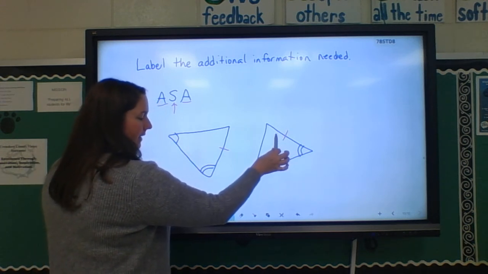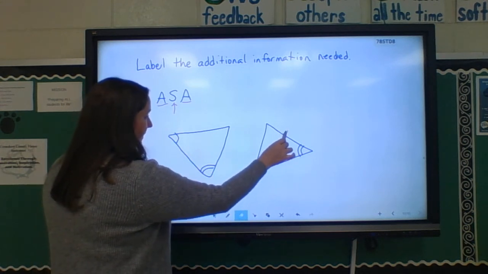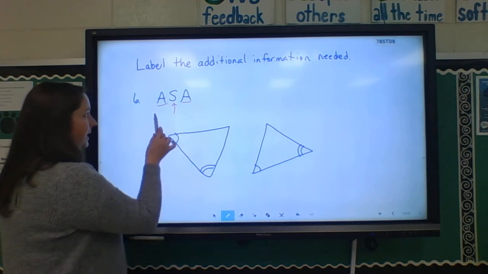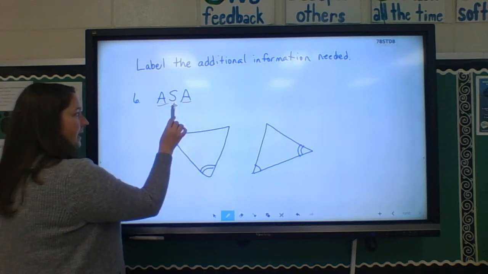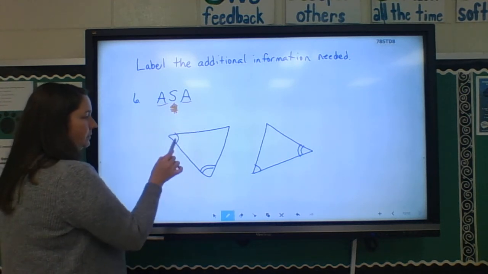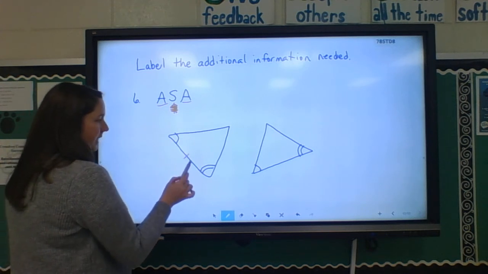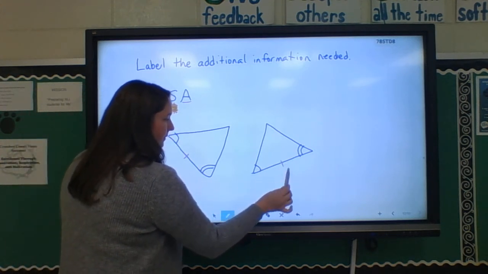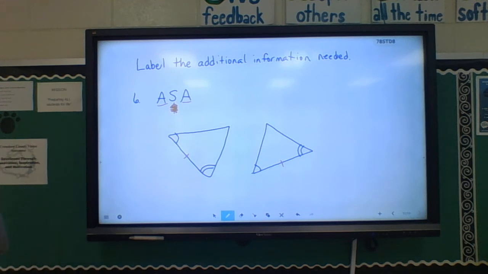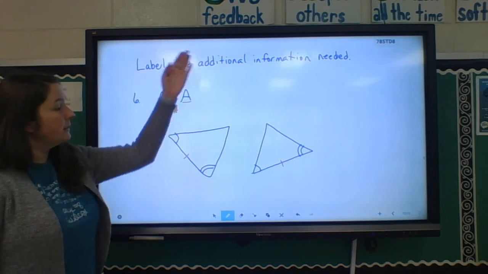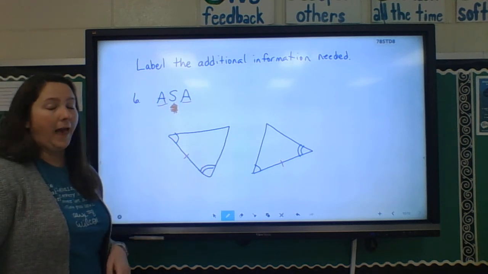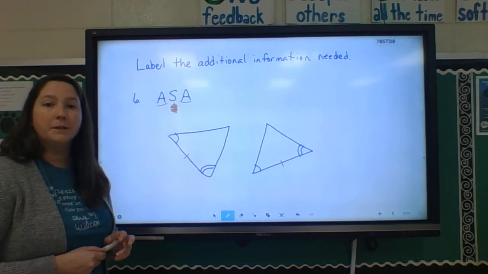But that's not what this postulate says. The side has to be in between the 2 angles. So then we can tell that that's what's needed for that triangle for them to be congruent.